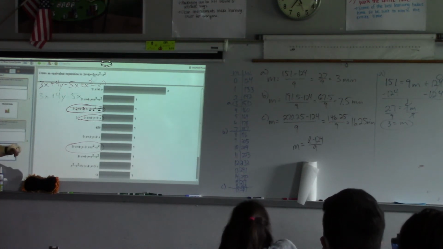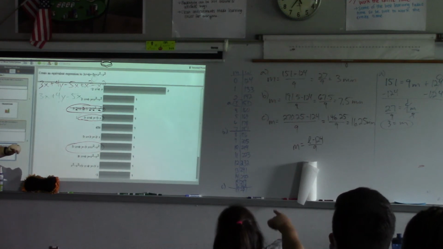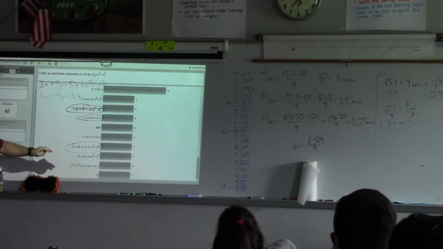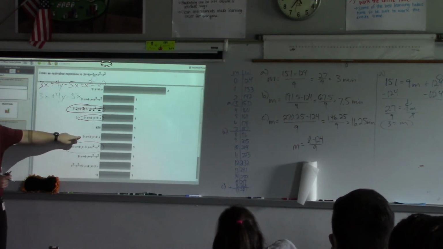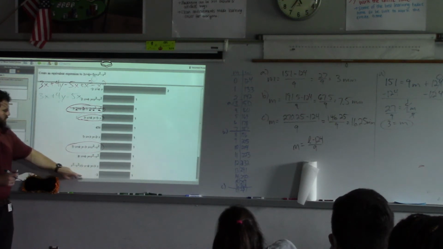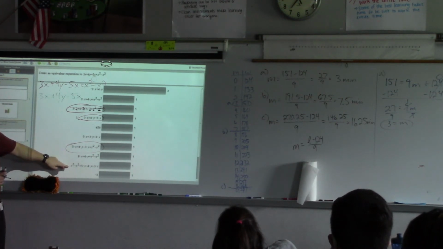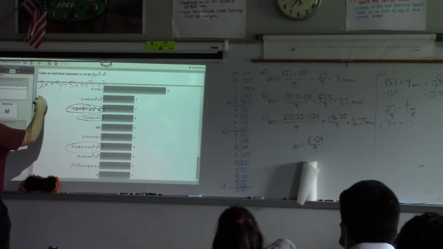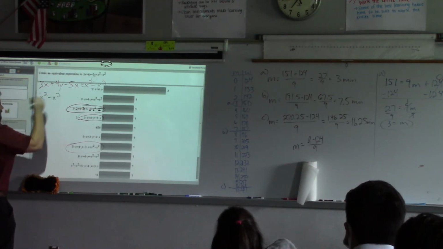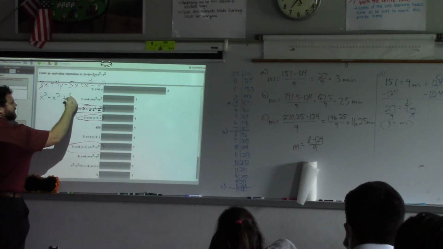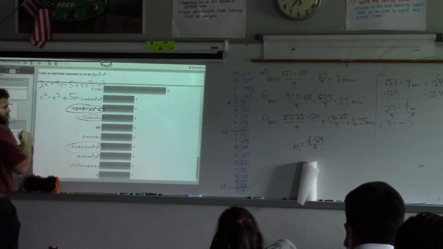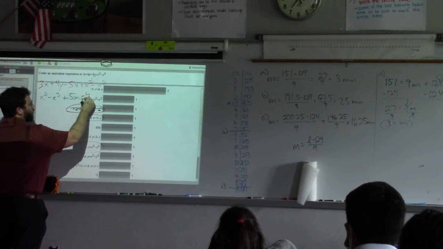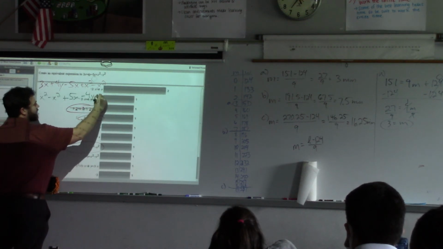Last one? Top one. That negative 2 went up above it. Okay, no. Down. 2x minus 4. X squared minus x squared plus 5x minus 4y plus 3x.